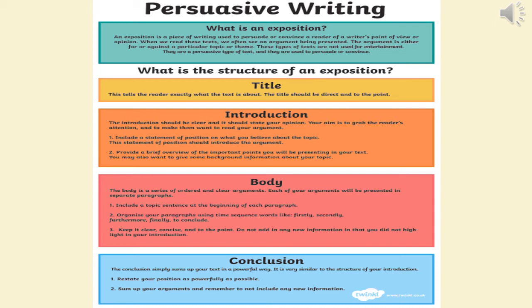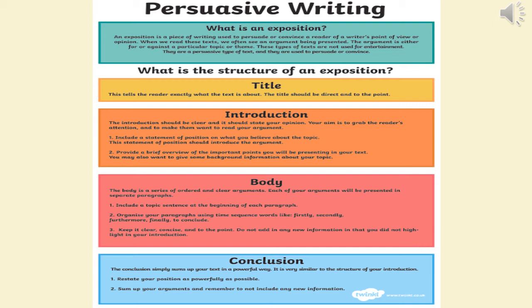It should include a statement of position on what you believe about the topic. This statement of position should introduce the argument. And next, you need to provide a brief overview of the important points you will present in your text. You may also want to give some background information about your topic.